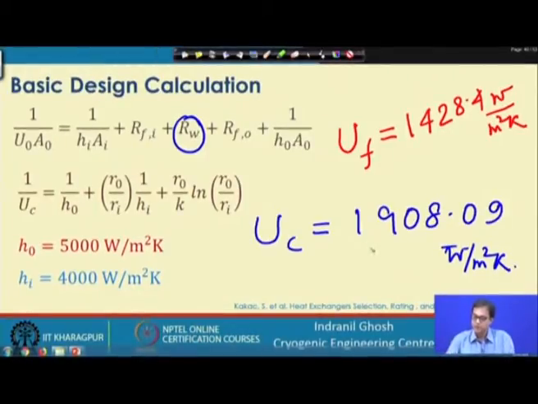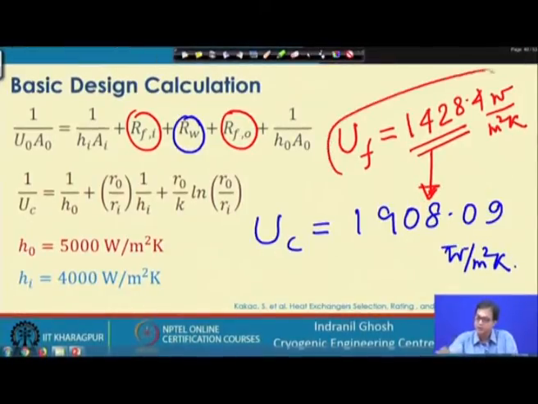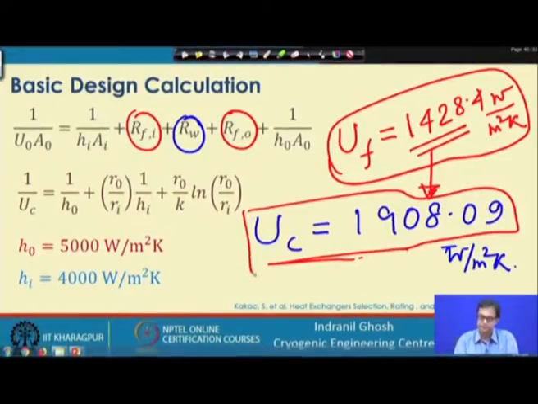So, this, or I am sorry, not this, this is the fouling resistance. When we are considering the fouling resistance, we are finding that the overall heat transfer coefficient is substantially small as compared to the clean heat exchanger.